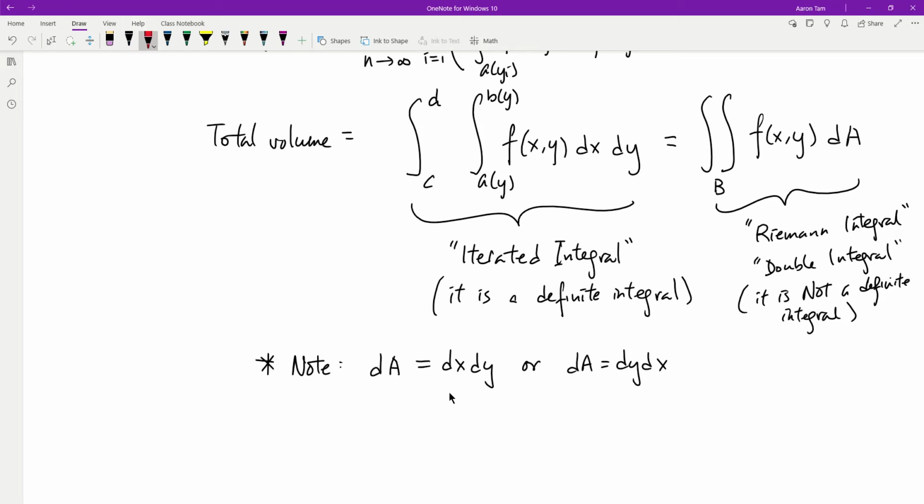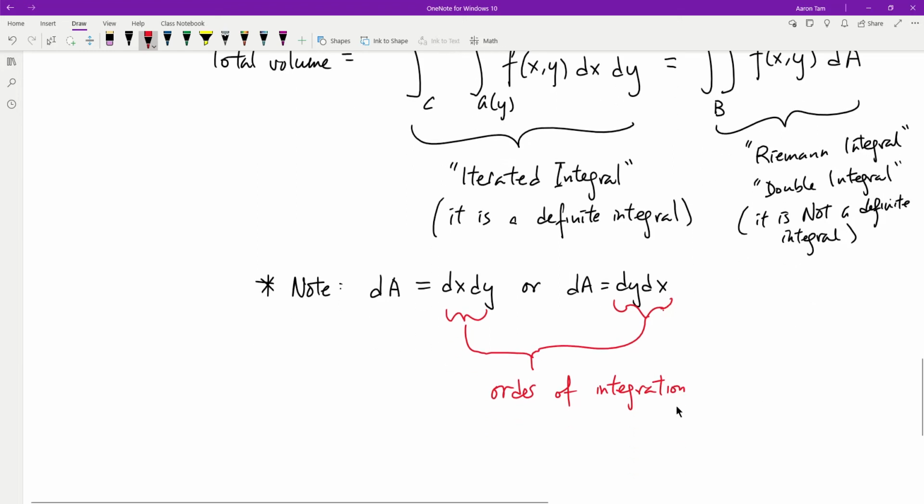When you do that, you establish what we call collectively an order of integration. An iterated integral means an integration that you repeatedly do, one after another. That's what the word iterated means.